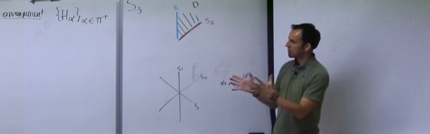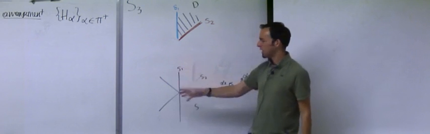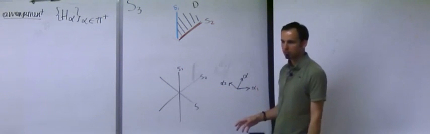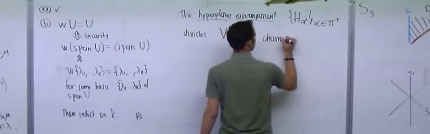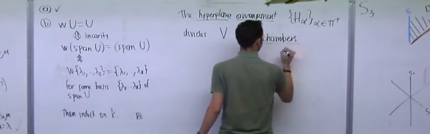So now imagine if I take all of these hyperplanes and I take them all out. What I'm left with is, in this case, 6 pieces that are separate from each other. And so the hyperplane arrangement divides my vector space V into what are called chambers.